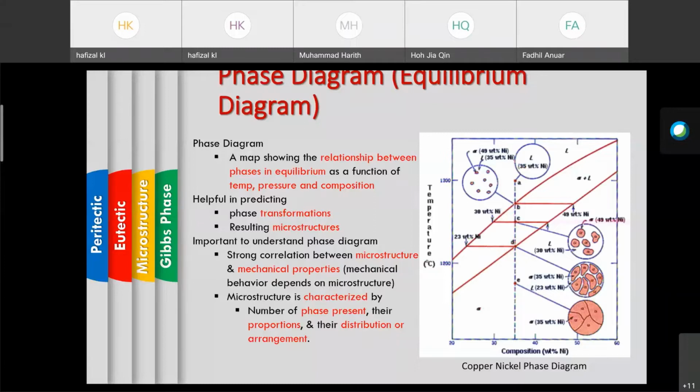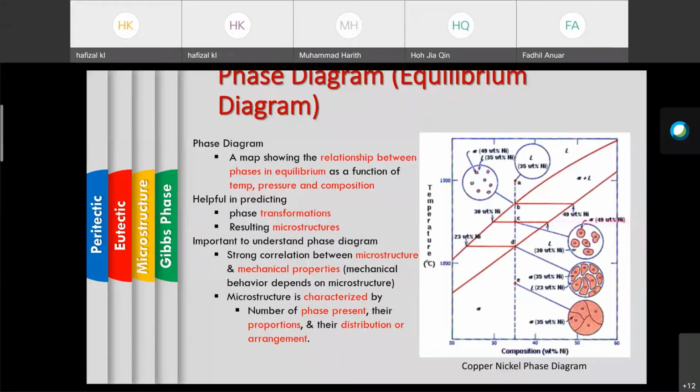You can see there is a difference in terms of percentage. In this copper-nickel phase diagram, nickel will increase in terms of percentage, starting from 0% up to however many percent the phase diagram shows. In this case, we can see it up to 60%.